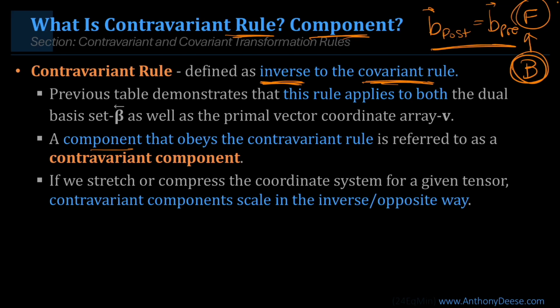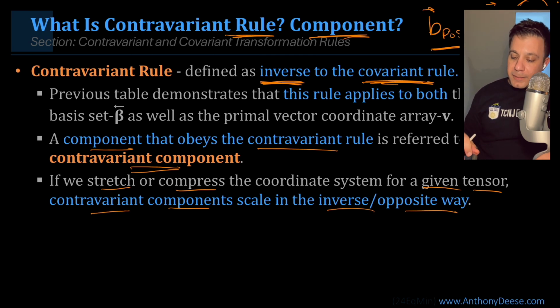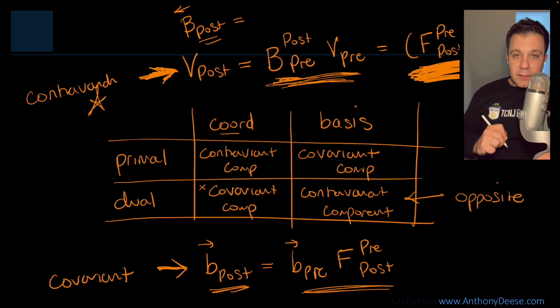So a component that obeys the contravariant rule is referred to as a contravariant component. If we stretch or compress the coordinate system for a given tensor, the contravariant components scale in the inverse or opposite way. So what we see here is that contravariant components scale the opposite way from the tick marks along their axes, and the covariant components scale with that.